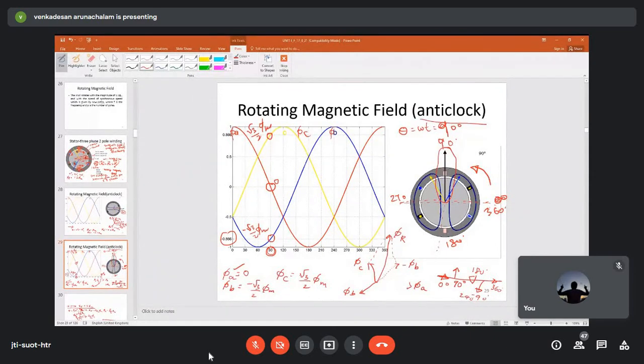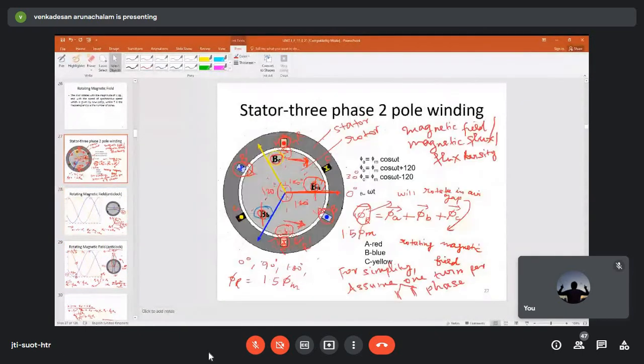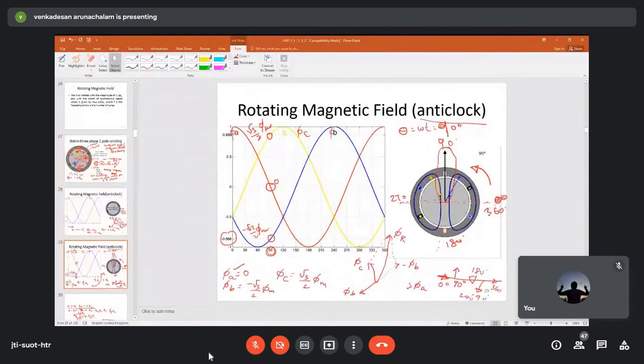Right? So Now, so you have to take this direction. So this is your direction, no? So you have, this is phi A, this is phi B, phi C. So you have to take like this. So this is your phi A. Sorry. You have to take the vector now.